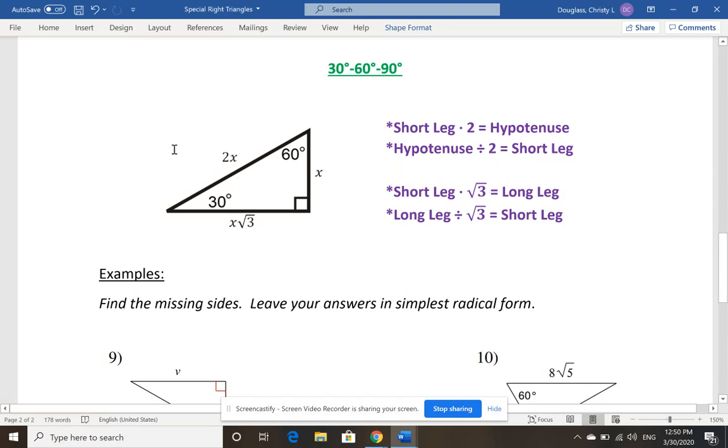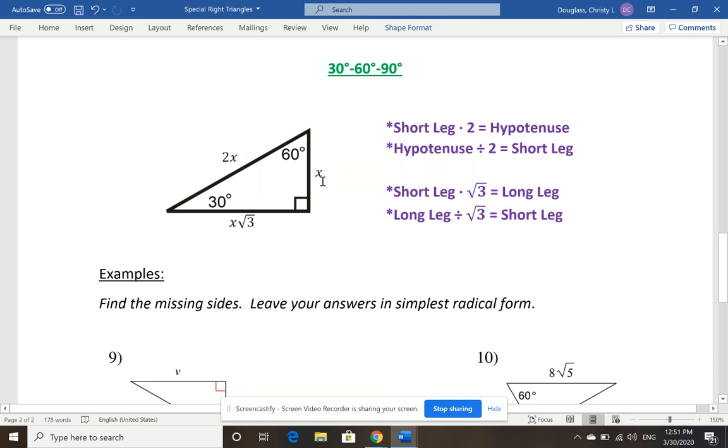Now, this is the ratio for any 30, 60, 90 right triangle. Whatever the length of the short leg is, you can double that, and that would be the length of your hypotenuse. So for example, let's say that your short leg is 5. That means your hypotenuse would be 2 times 5, or 10.